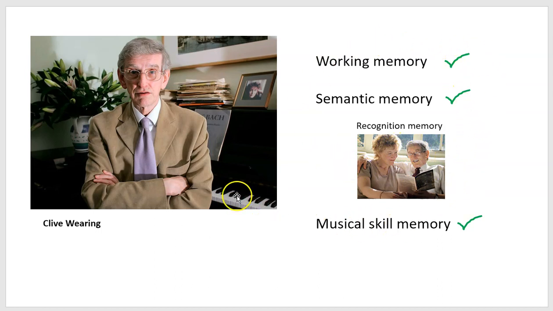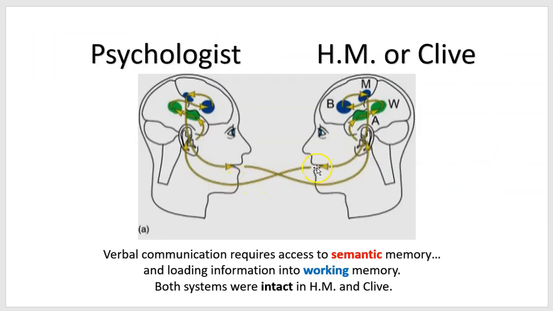Of course, he was still able to play the piano, and he was a skilled musician. So there's a lot of information that was still accessible in Clive's brain. Again, if you can carry on a conversation, it means that your semantic memory is intact, and you can load up all that information from your semantic memory into your working memory systems and carry on a conversation.